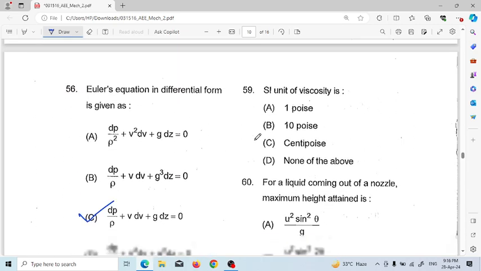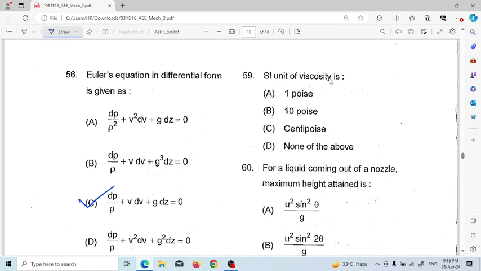Next, question number 59. SI unit of viscosity. Shear stress is proportional to mu du by dy, and mu is the viscosity.